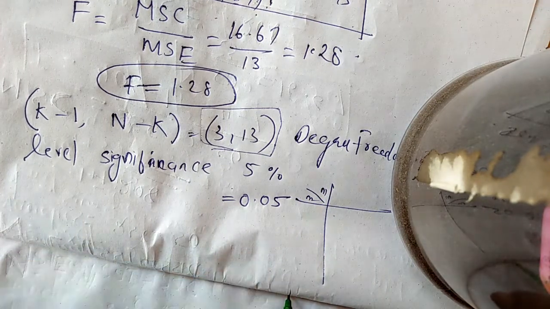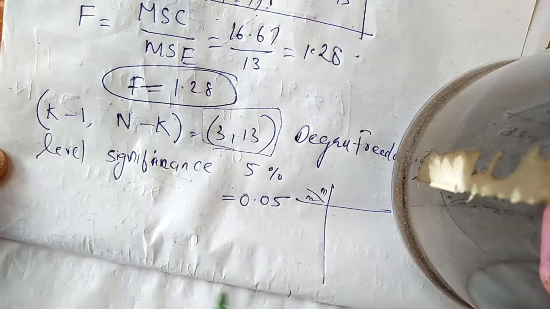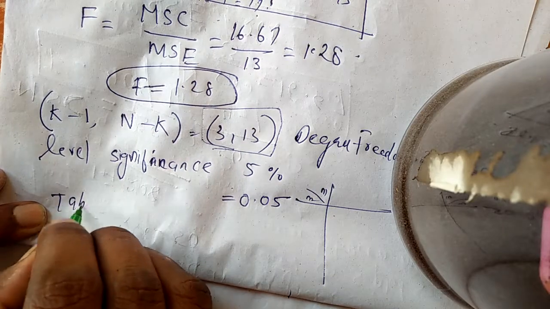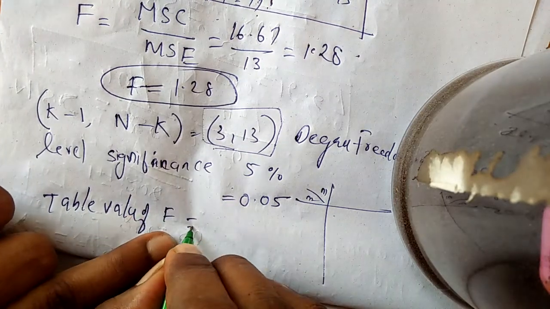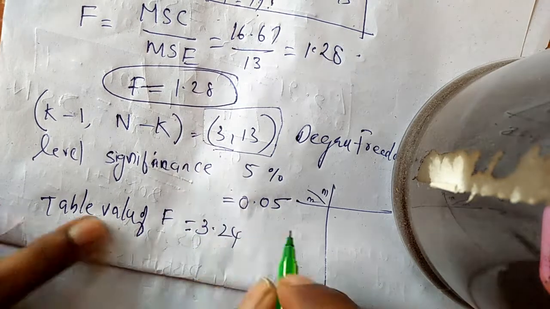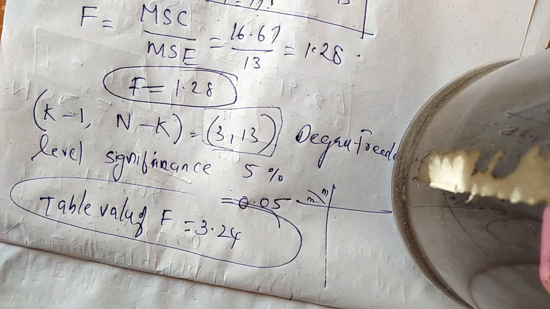You got the table value of F. That table value of F is 3.24. So the table value of F is 3.24.